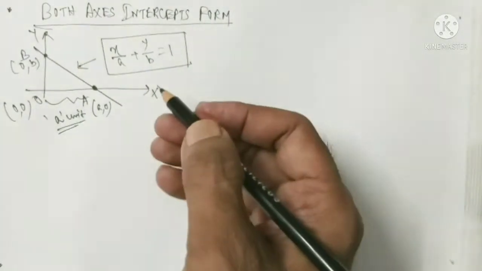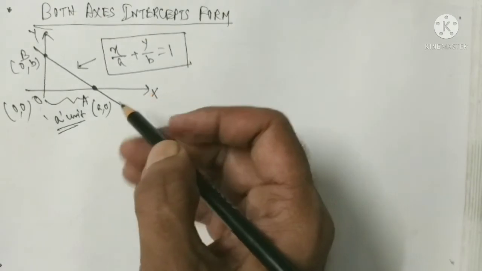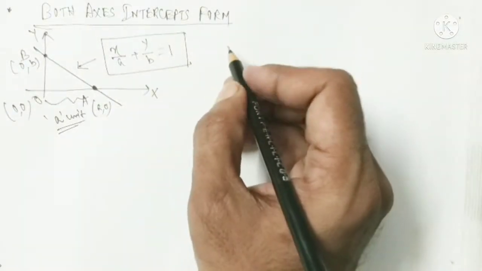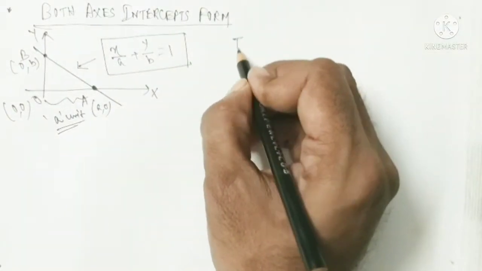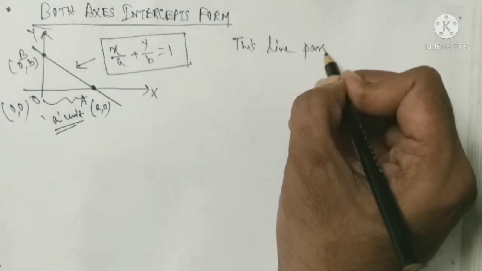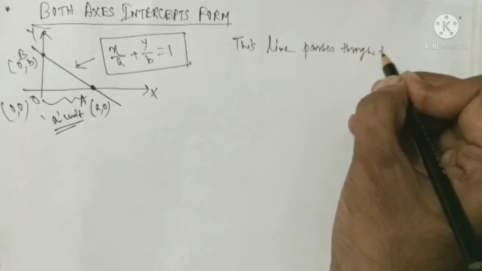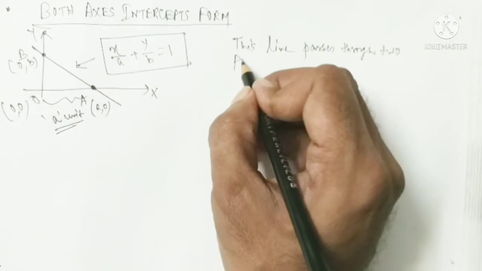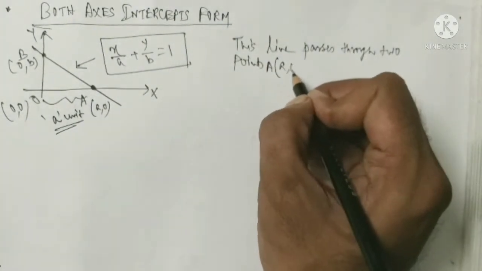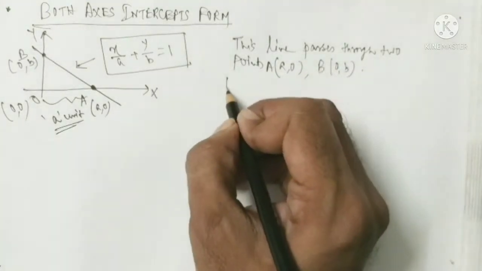But now I will show you the derivation of this form with the help of the two-points form. This line passes through two points, (a, 0) and (0, b).